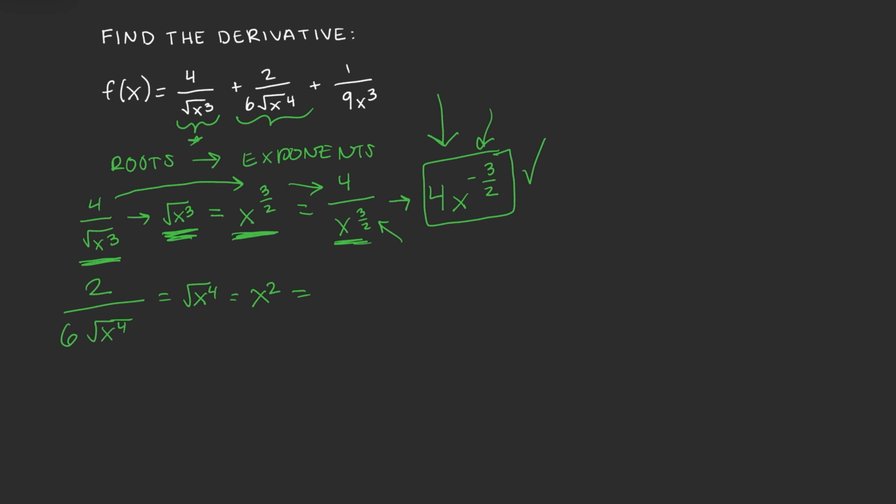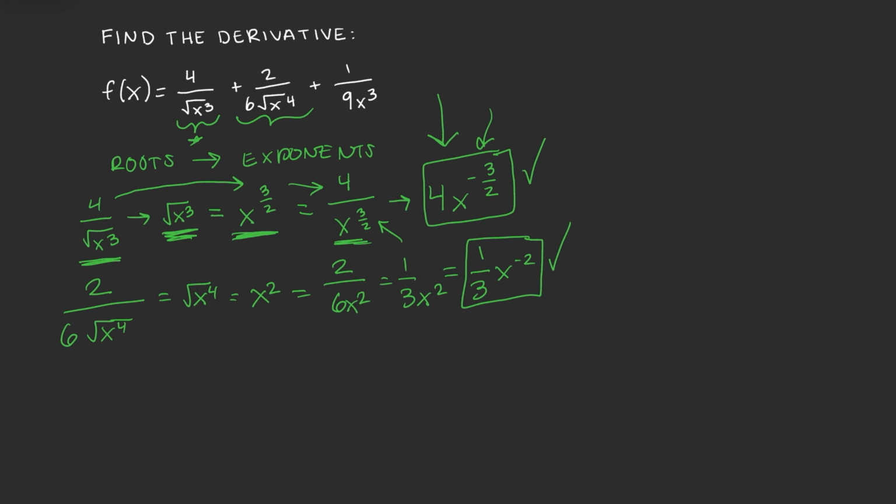We're going to put it back into the fraction, which is 2 over 6x squared. And maybe you can already see it, but that simplifies to 1/3 x squared. And if we rewrite that, it would be 1/3 x with negative 2 as the exponent.